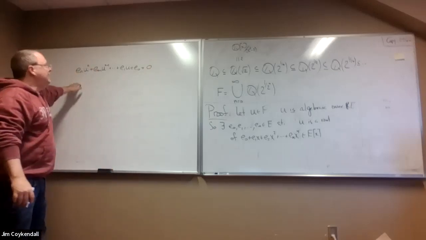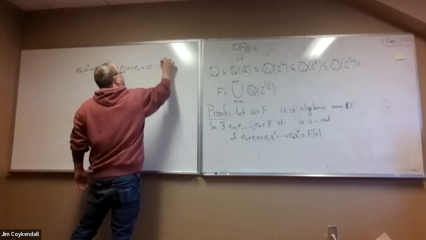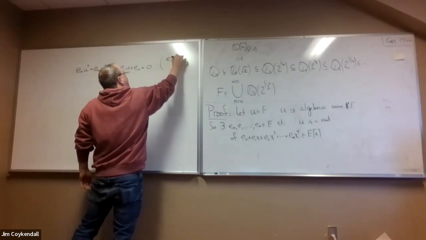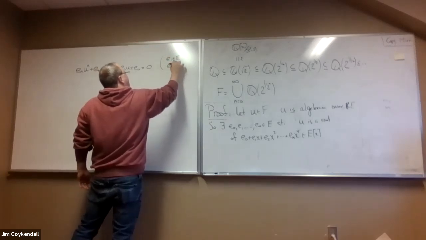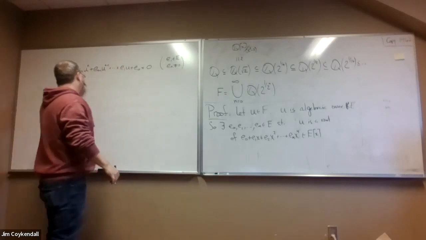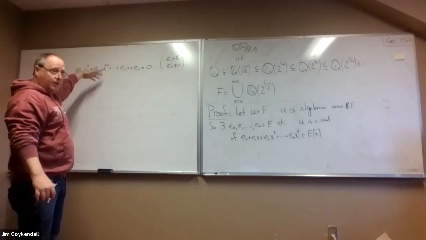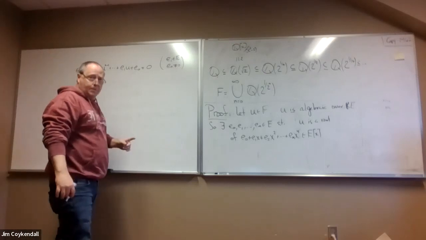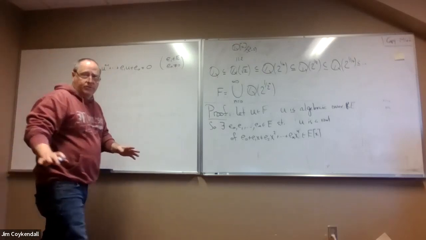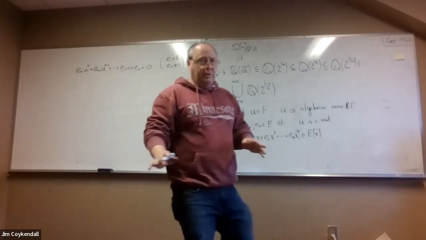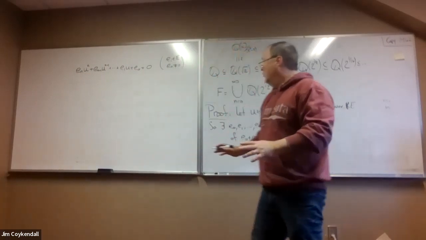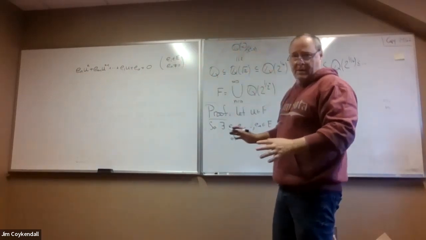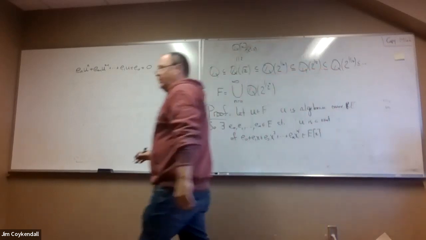I will assume that En is not 0, because if it was 0, I would write this down. I would just start. I want to point out that this equation shows that U is algebraic over E.